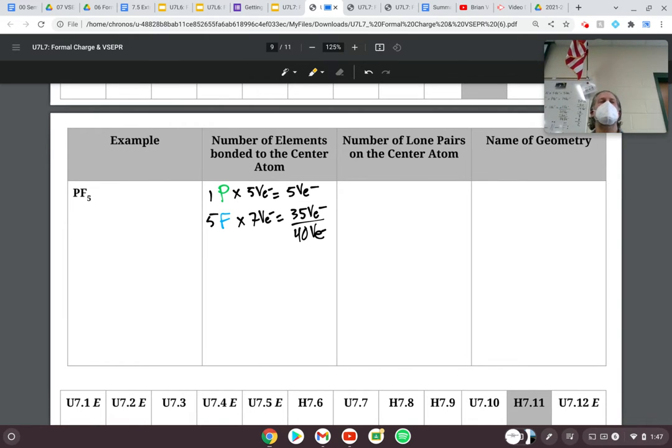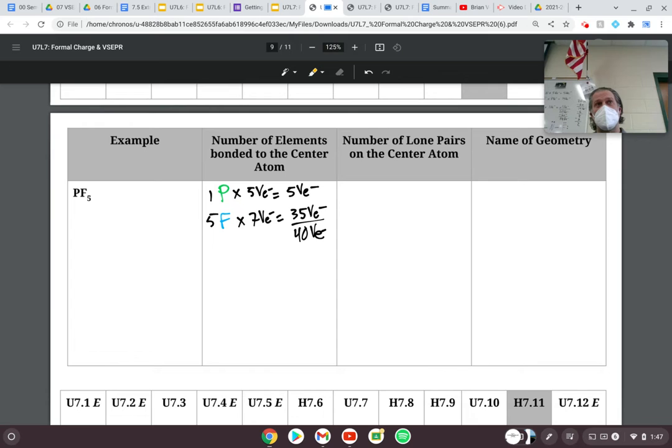Now, what makes this example a little different from all the ones we've done so far is that there is something you have to remember about phosphorus and all of the nonmetals that come after phosphorus.